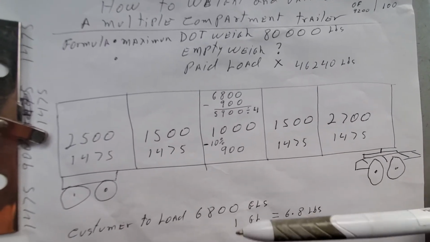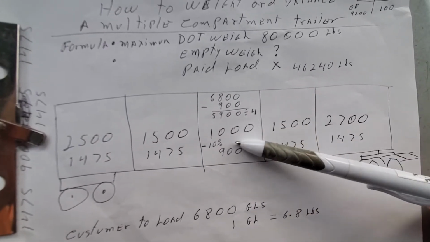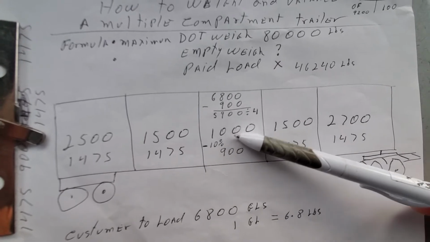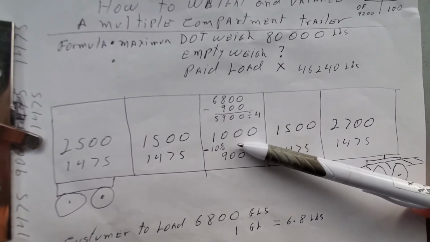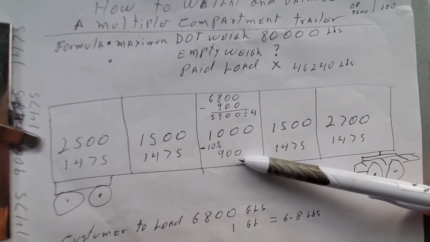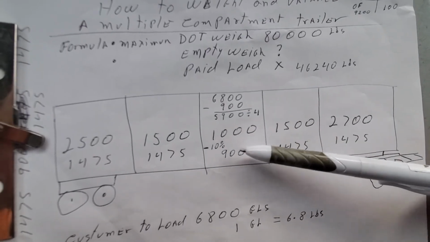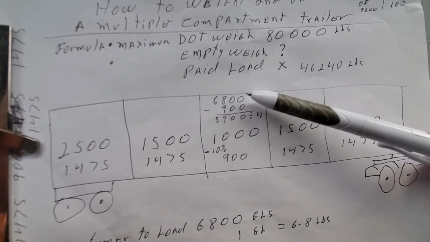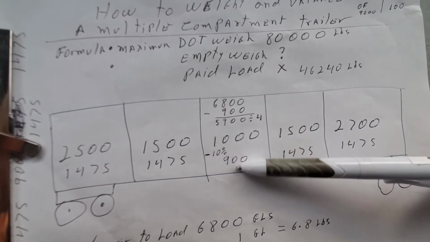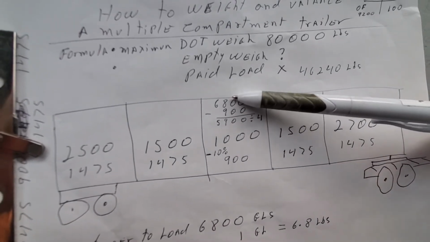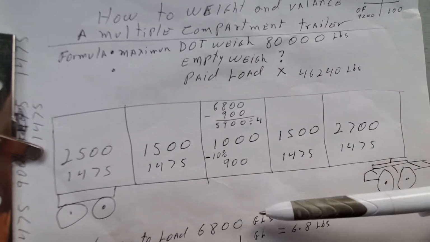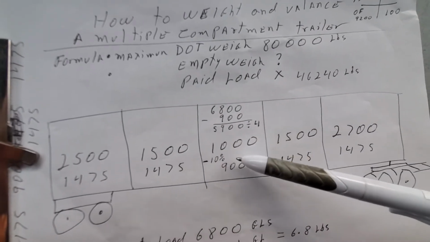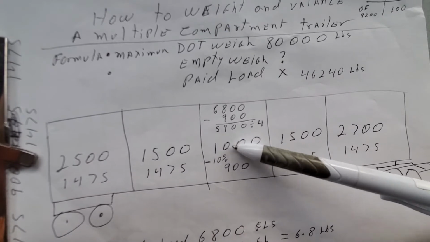So the way I do it easily is I take the smallest compartment, and I try to fill that one to the top or within 10% of the maximum space in that tank. So for example, this is a 1,000 gallon compartment.